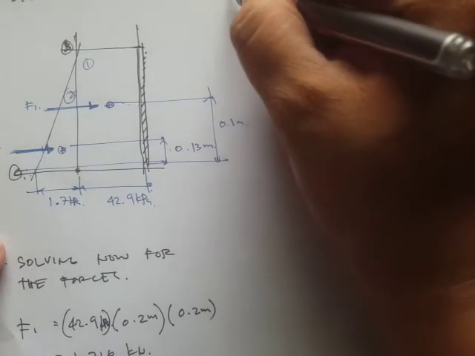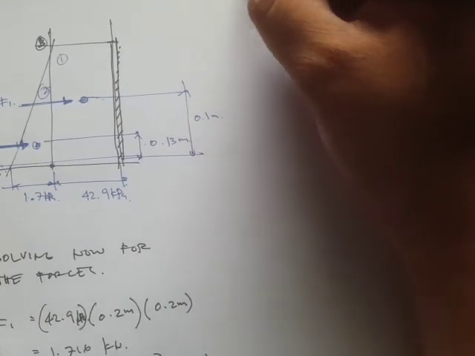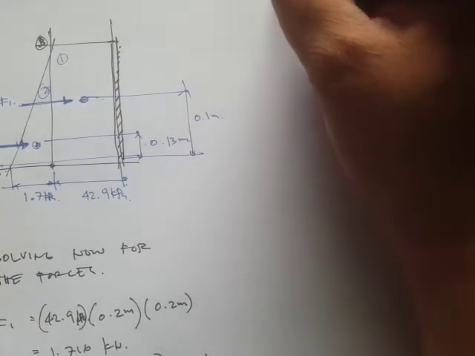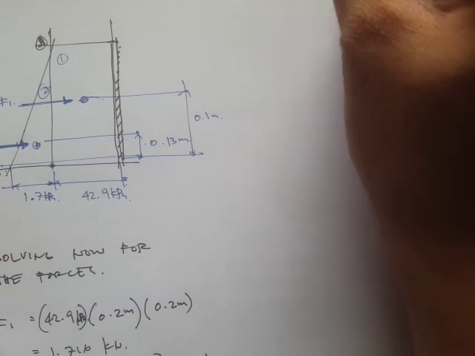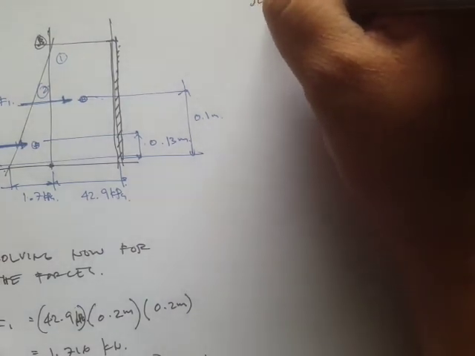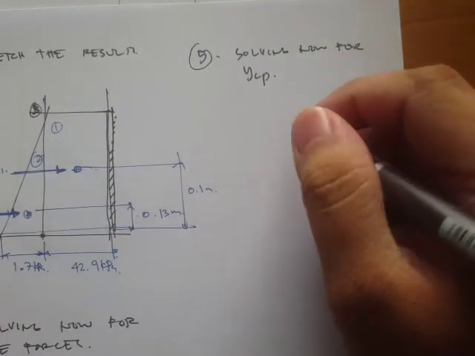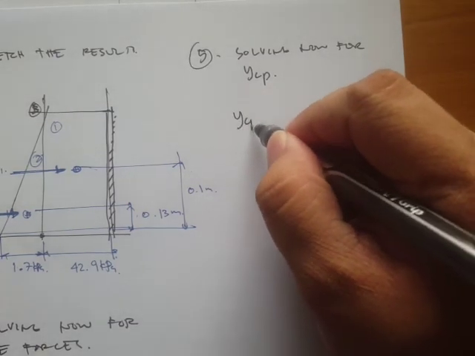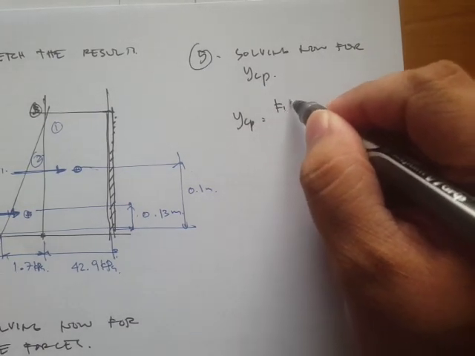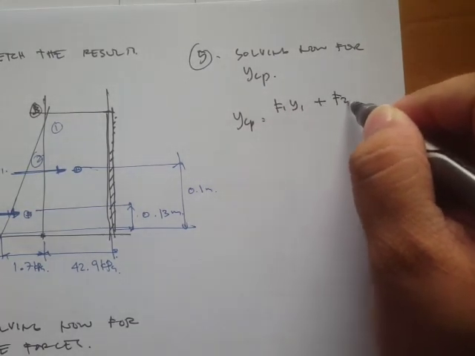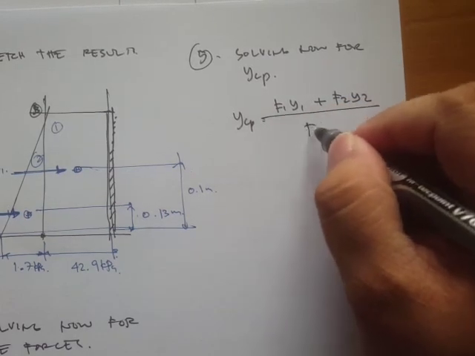Therefore, solving now for YCP. YCP is just equal to F1 Y1 plus F2 Y2 divided by the total force.